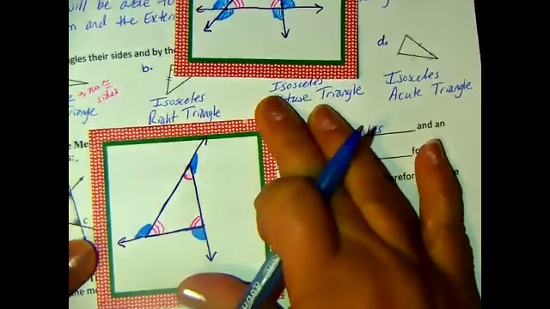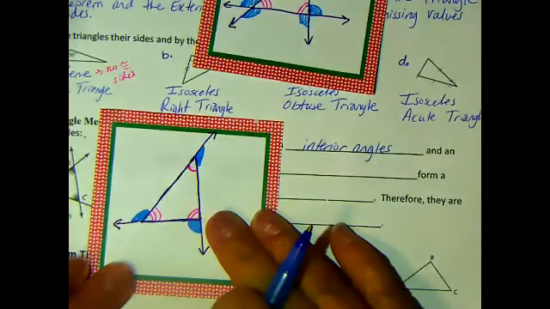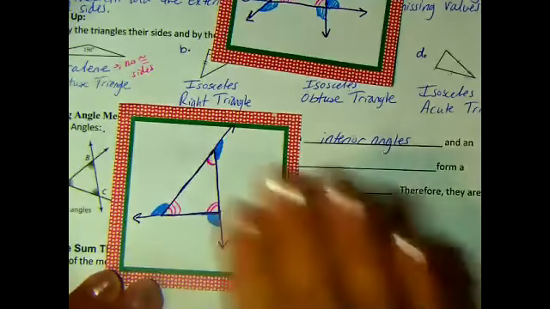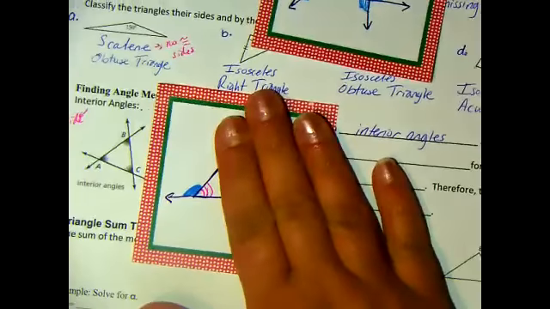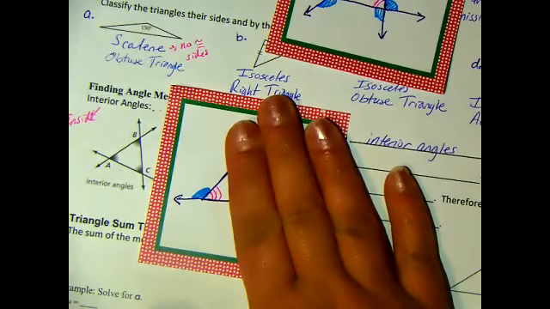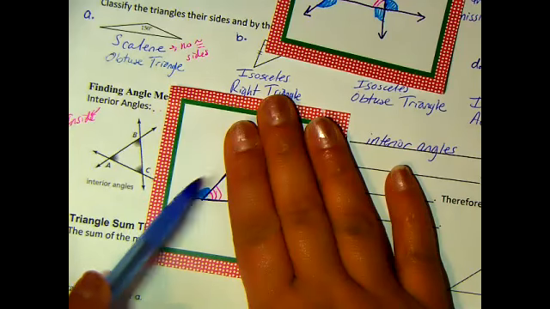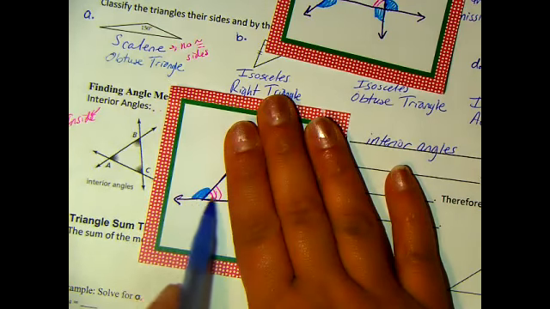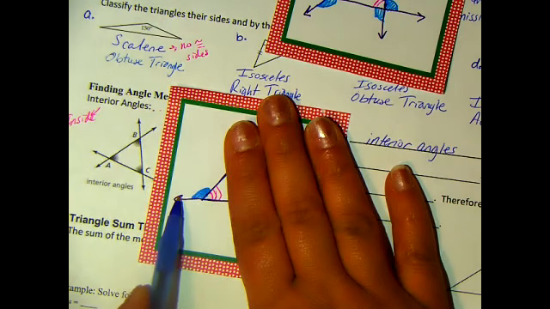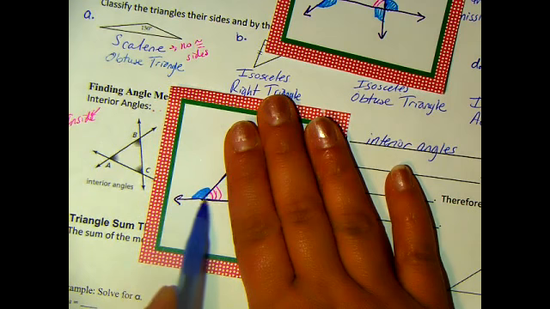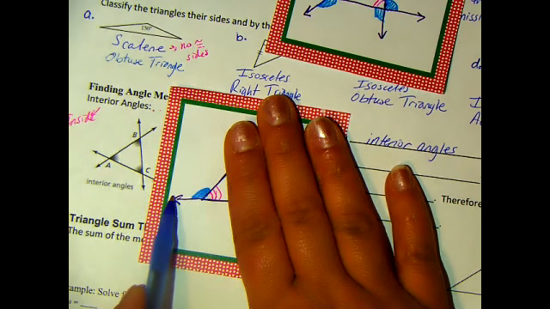If you take a look at each of these interior and exterior angles, there's a special relationship between them, because what if I did this? What does that look like right there? What are these two angles here creating? They're creating a straight line, right?